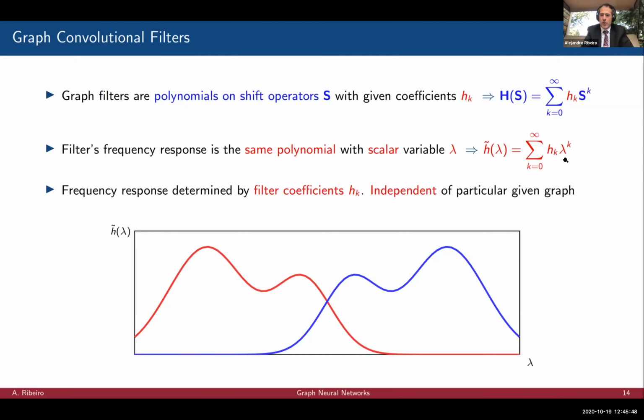And we saw that knowing this frequency response is enough for us to be able to characterize these graph filters when they execute on a particular shift. The very important property that the frequency response has is that it is independent of the shift operator. So when we define filters that are of a particular class, we are defining them irrespectively of the shift operator on which they are applied.